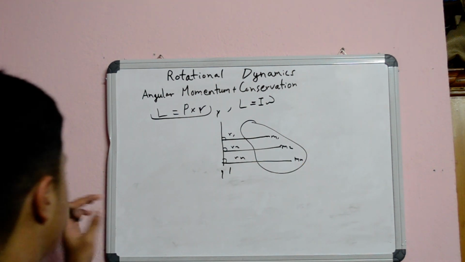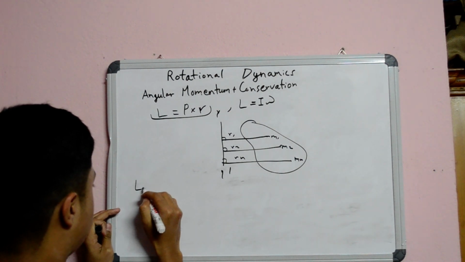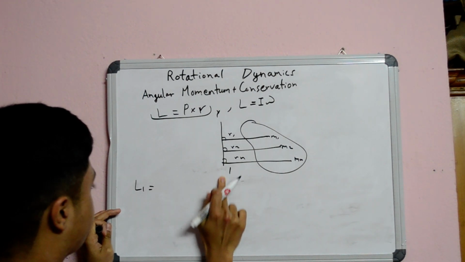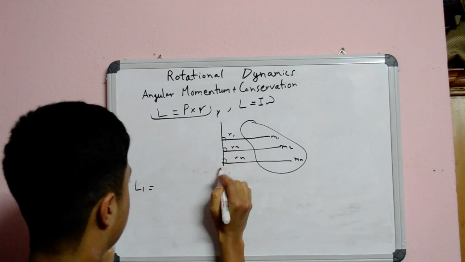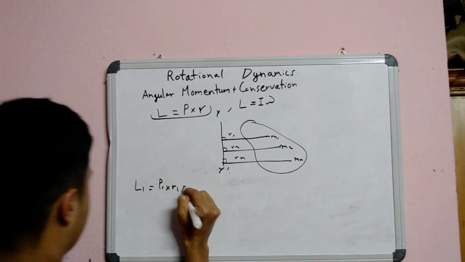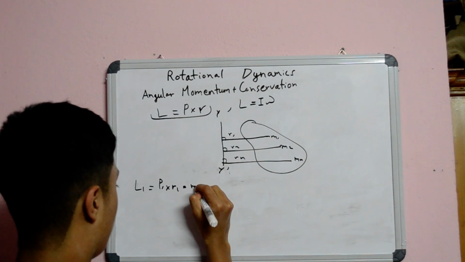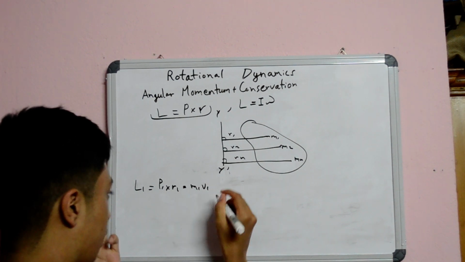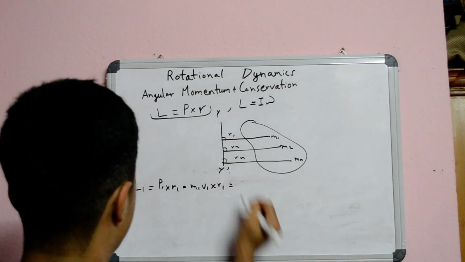Now here the angular momentum for the first particle is p1 into r1, which is mass 1 into velocity into radius 1.